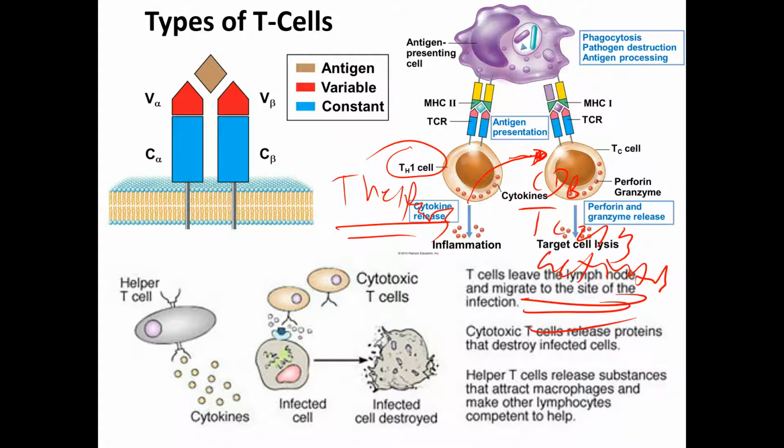They also trigger your antigen presenting cells to become activated. Alright, your cytotoxic T cells are responsible for destroying virally and bacterially infected cells. Alright, and they use enzymes called perforin and granzyme to do this.